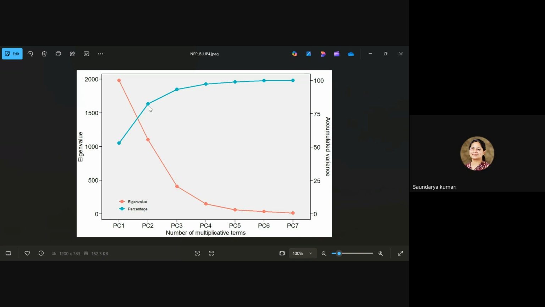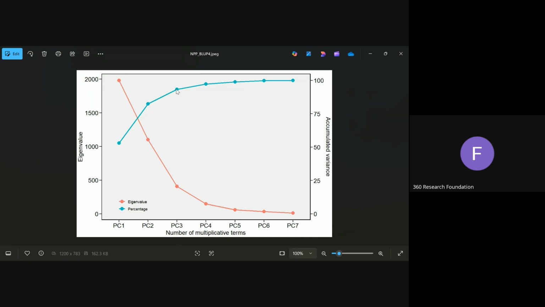Here the explained variance is not given; directly the accumulated variance is given. With the first 3 PCs, more than 80% of variance is already explained.